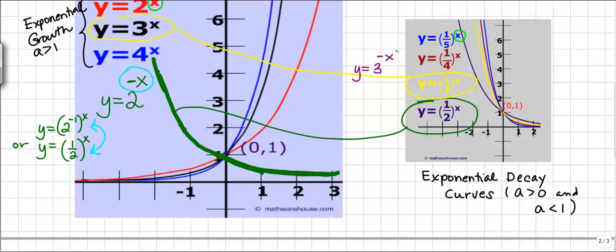Now, something all of these curves have in common is that their domain, whether growth or decay, is the set of all reals, and the range for each is the set of all positive y values, so 0 to infinity.